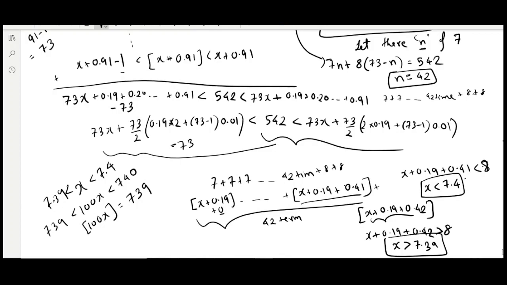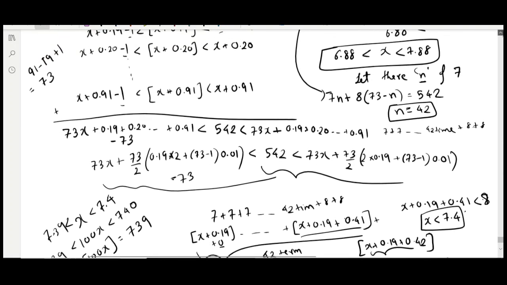So the strategy we used was to try to find out where the value of x lies. First we got the value of x, but that value was not sufficient to get the answer.